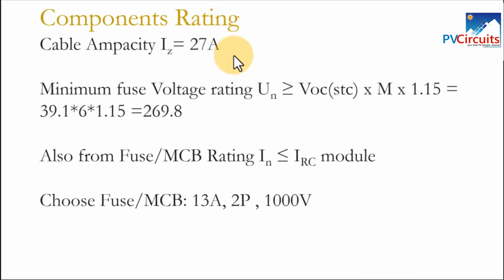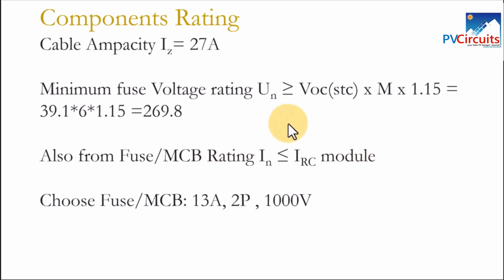We are not worried about the cable. We are worried about protecting the panels. And we know that the reverse current rating of the panel is 15 amps from the specifications that we saw earlier. And that is a condition here.